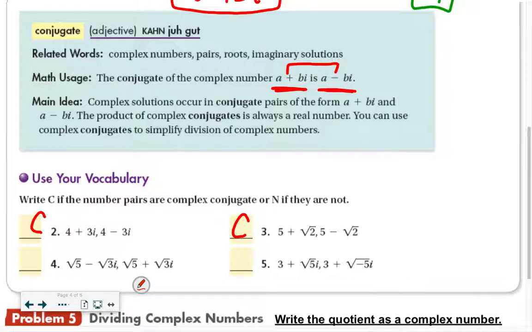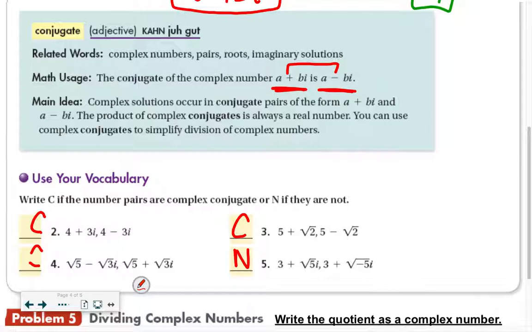How about square root of 5 minus square root of 3i, square root of 5 plus square root of 3i? Yeah, that works. What about 3 plus the square root of 5i and 3 plus the square root of negative 5i? No. Our negative has to be outside the square root.